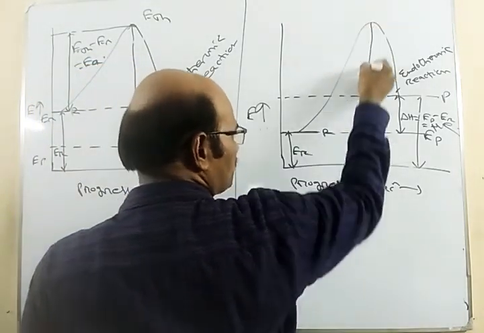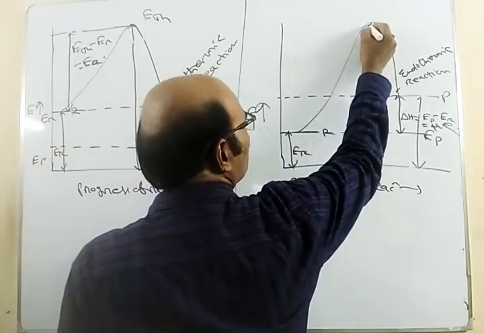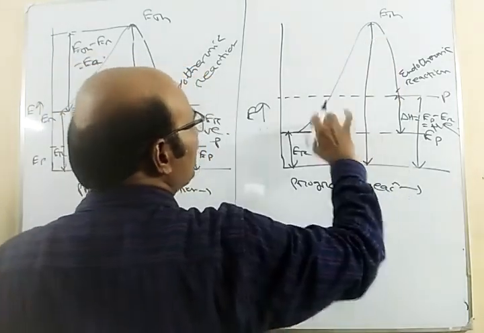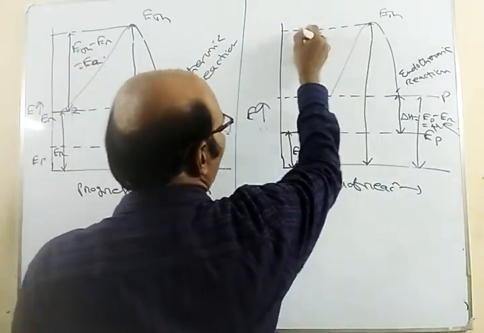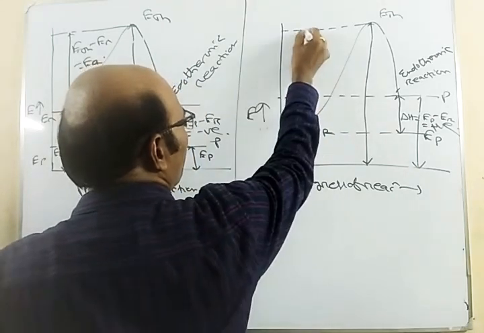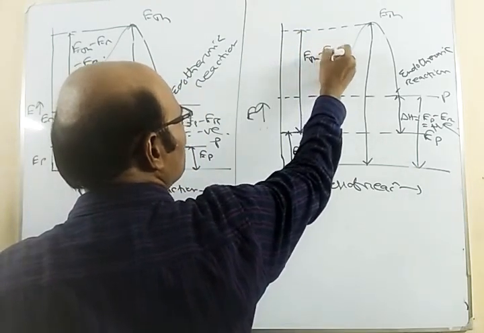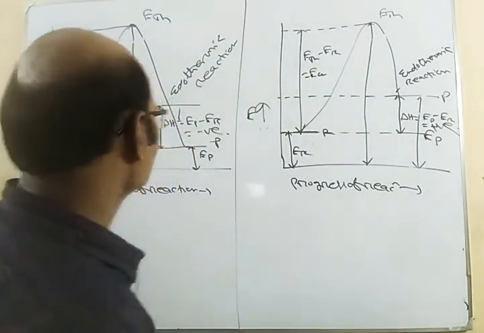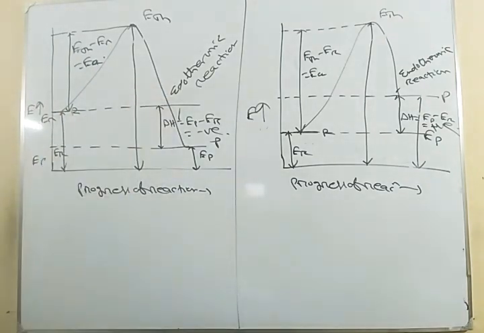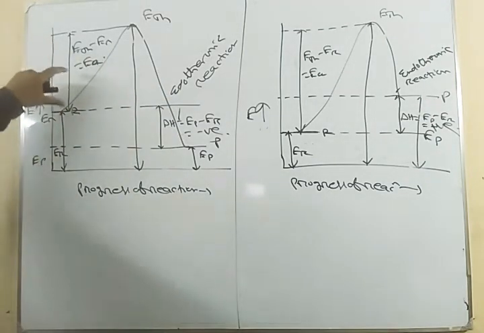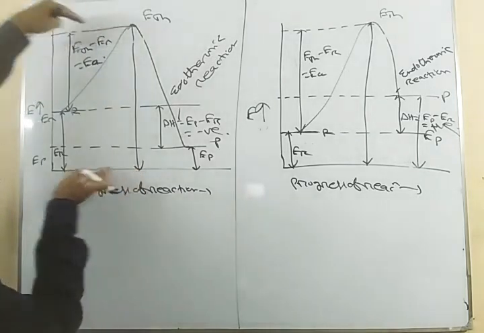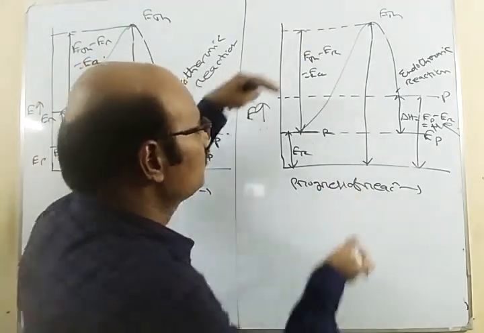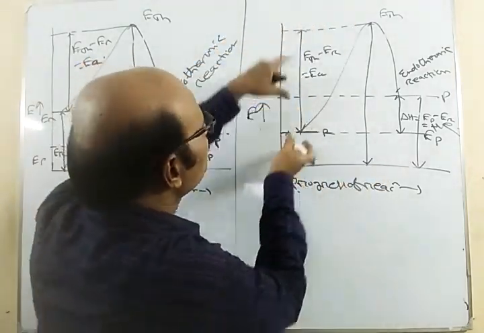Now you will see this is the same thing. This is ETH and this is ETH minus ER, equal to EA. So for the exothermic reaction EA is equal to ETH minus ER, and here for the endothermic reaction also ETH minus ER is equal to EA.